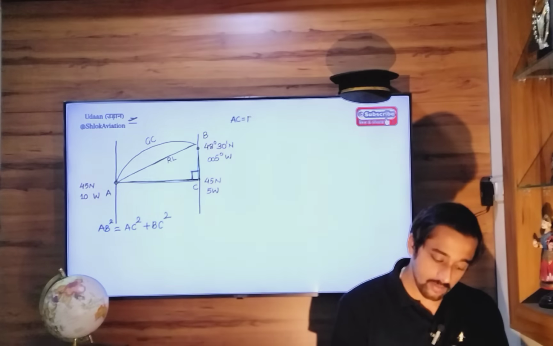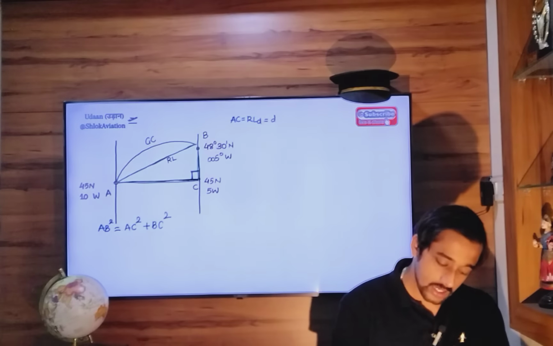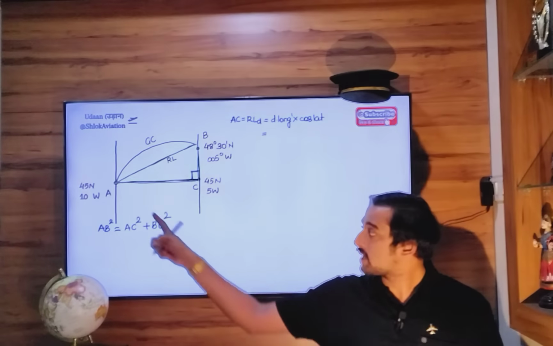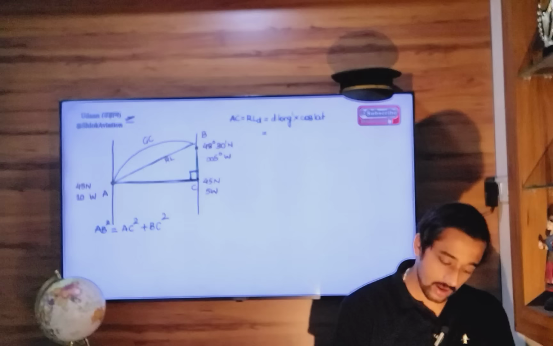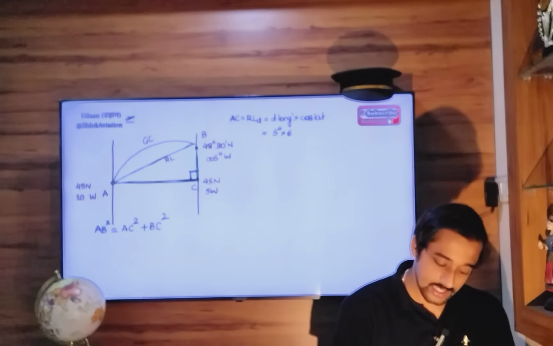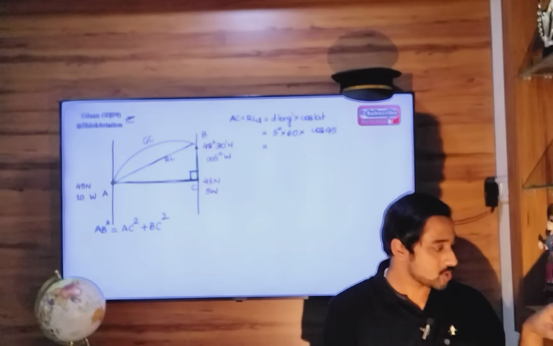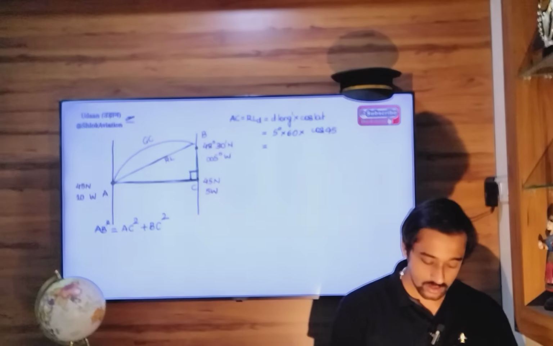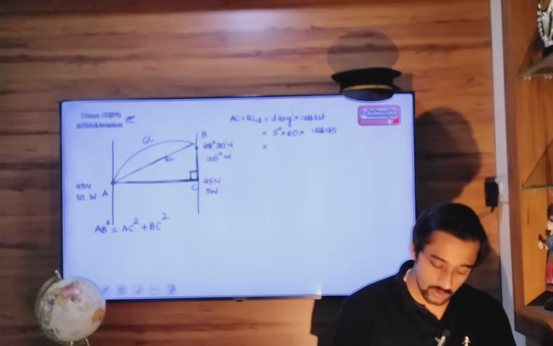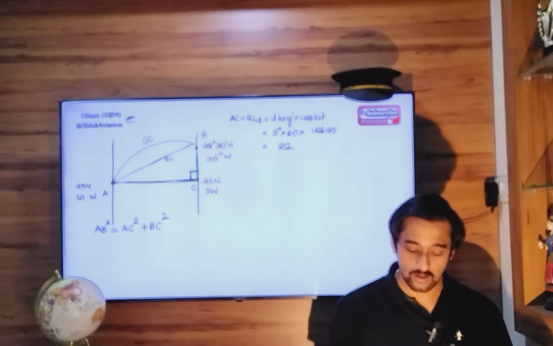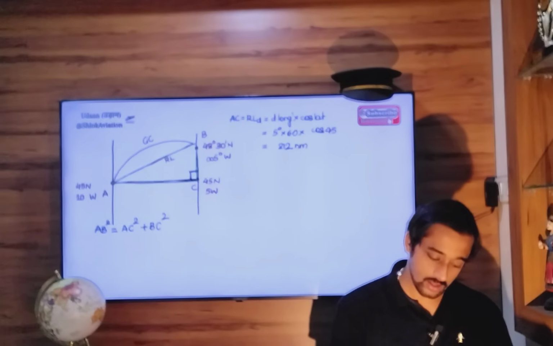Now what is AC? AC is nothing but the rhumb line distance, d long into cos lat. So d long is 10 west, 5 west, d long is 5° into 60 into cos 45. 5 into 60 into cos 45 is 212 nautical miles.